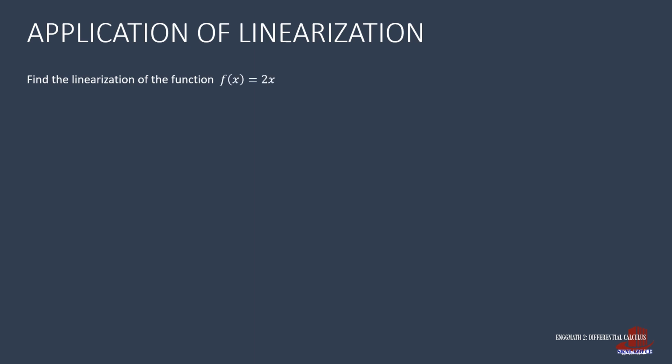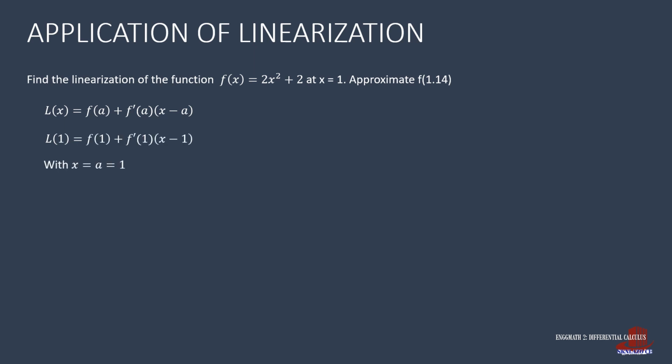Here is an example to show the application. With the function f of x equal to 2x squared plus 2, we focus on x equal to 1 to approximate f of 1.14. With the L of x equation, we work with the tangent line at point x equal to 1.